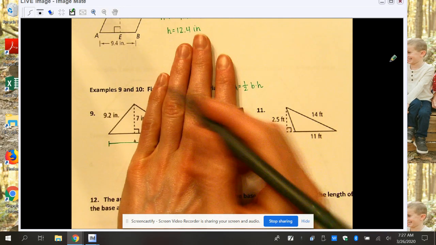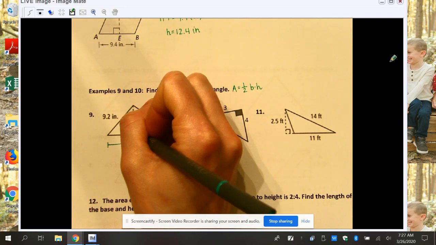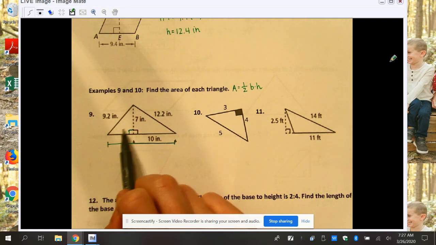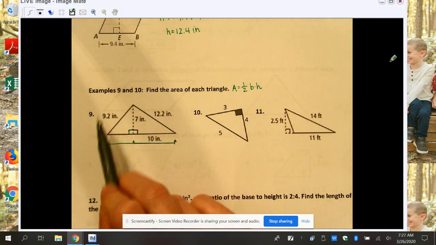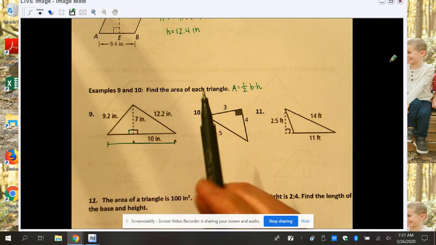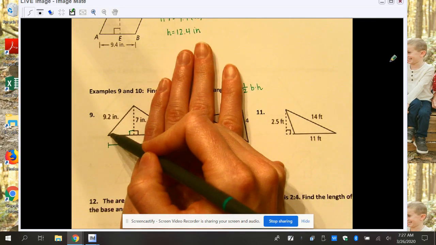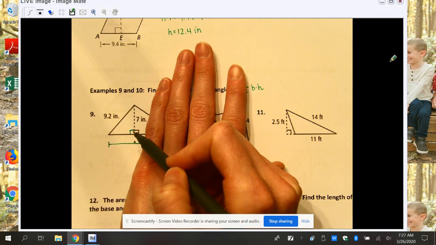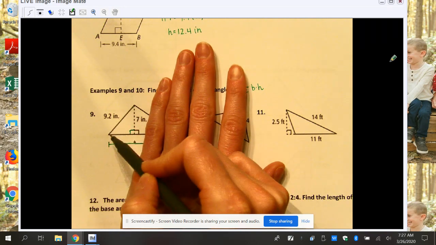Because we know that the altitude is drawn perpendicular to the opposite side, we've created 2 right triangles within our big triangle. And so if I know that the hypotenuse is 9.2 and I know one of those legs is 7, I can use the Pythagorean theorem to find this other one.